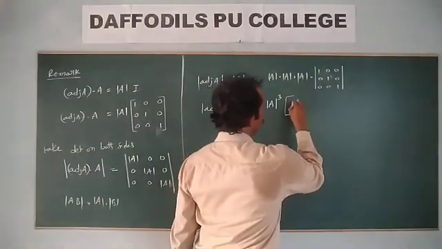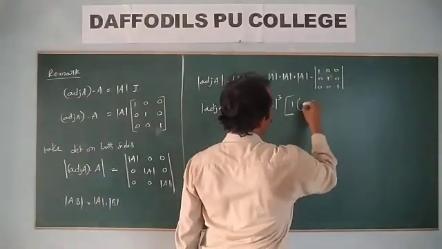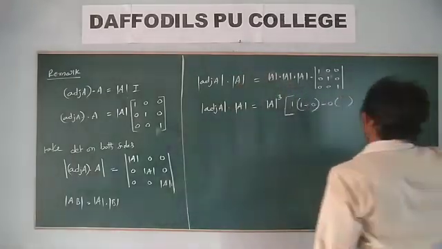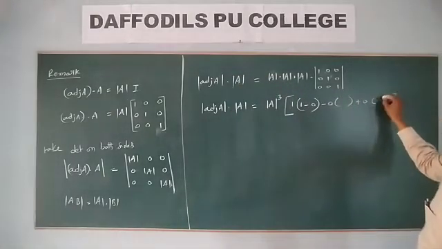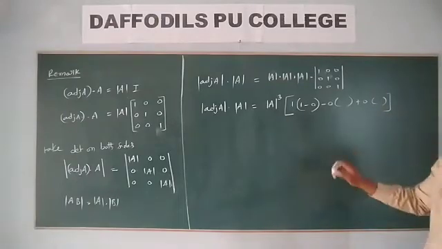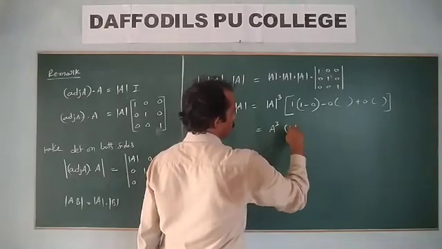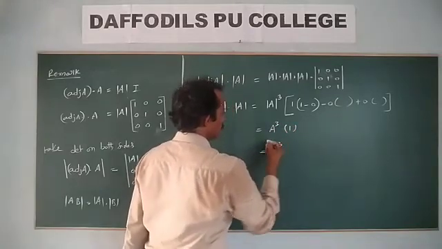Let's check. This value is 1 into 1 minus 0 into something 0, plus 0 into something 0. So this value is equal to det A cube into 1, so this value is equal to det A cube.